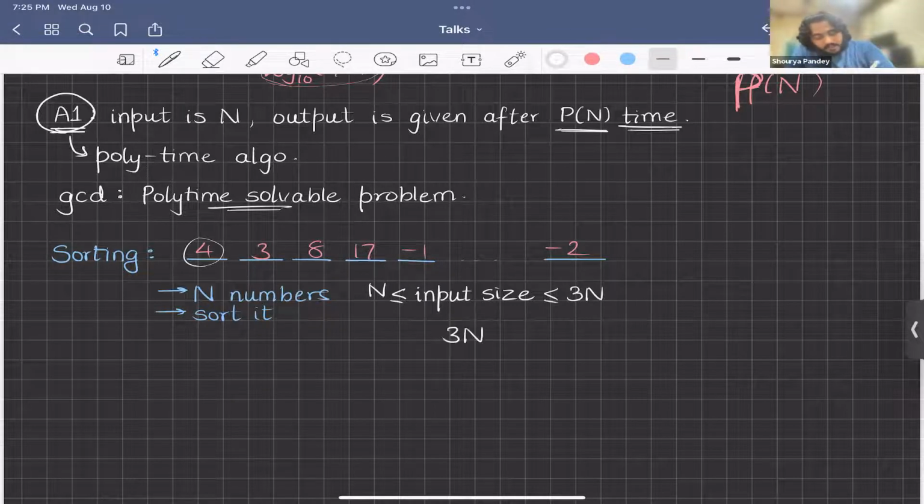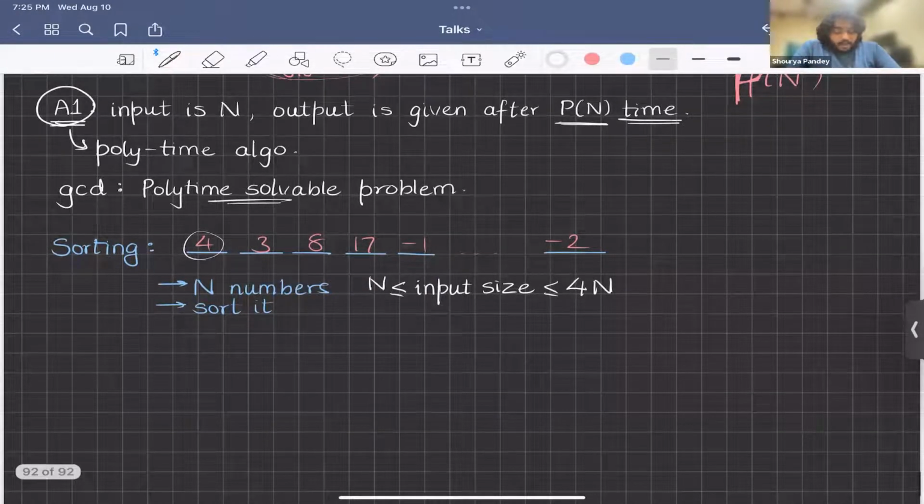Actually I should write 4n because there's a negative sign as well. Because it might need a single digit to represent them, or it might need a negative sign and then 3 digits.